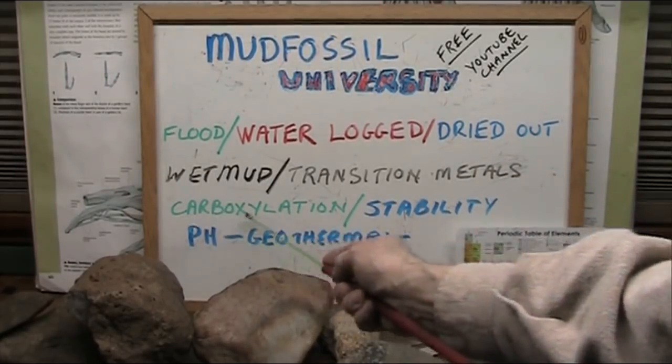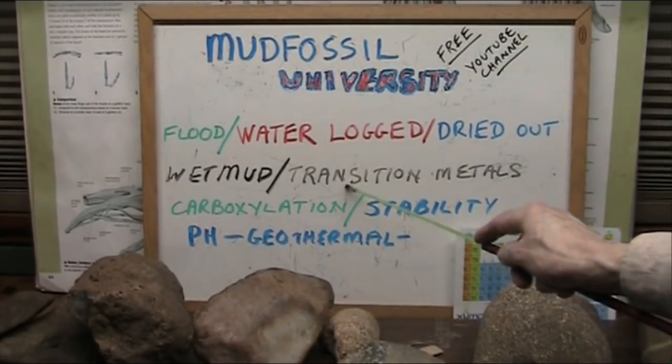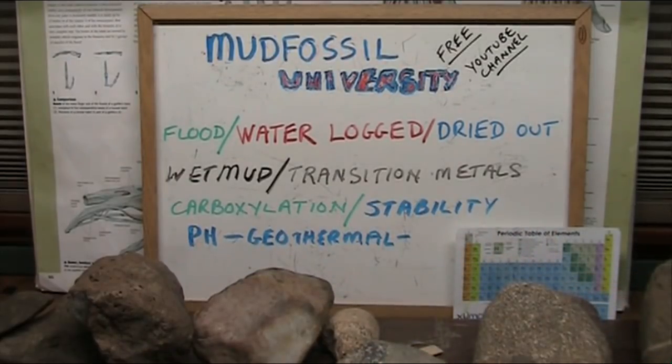Now, carboxylation, this is important to understand. Carboxylation works with transition metals. Carboxylation is a process where these metal complexes, they call them, and they're transition metals, so they can hold on to something very lightly and then let it go, and then grab something else very lightly in a minor little transition, it's called.